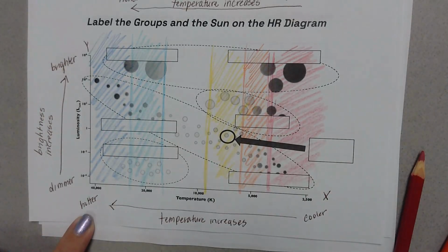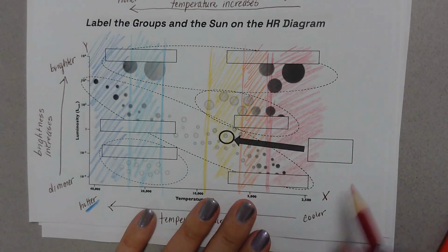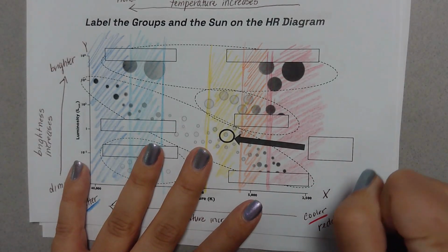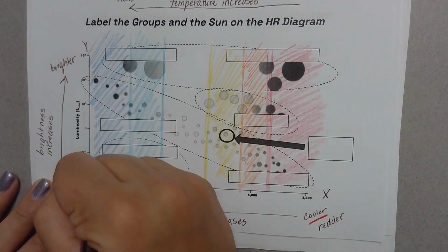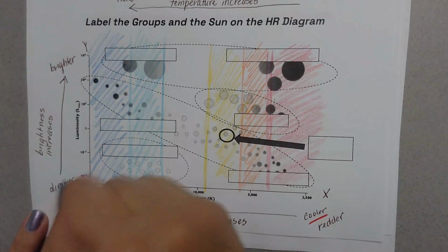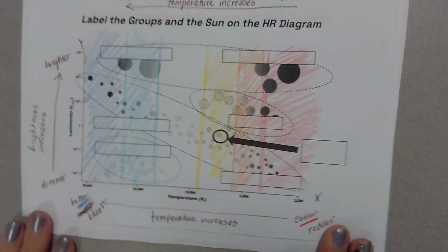So your hotter stars are actually blue, and your cooler stars are actually redder. Bluer.